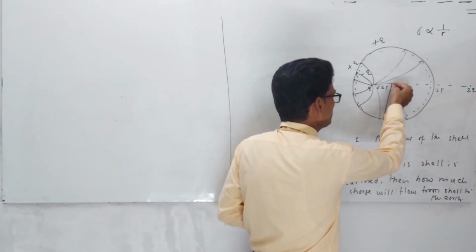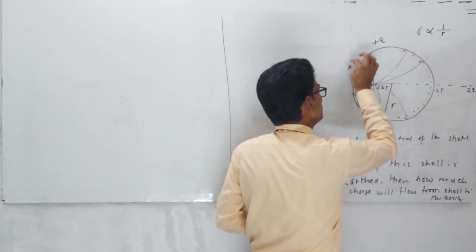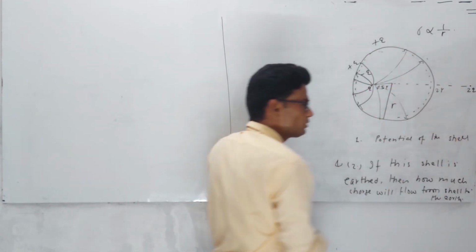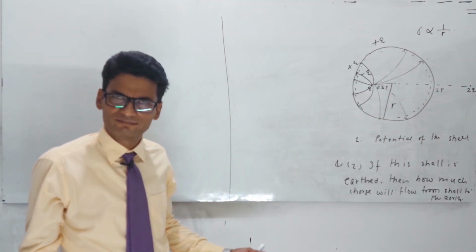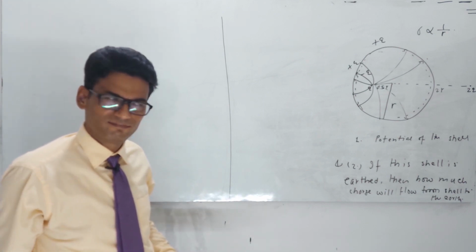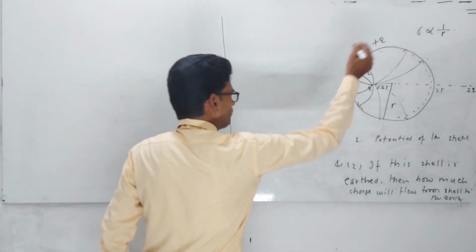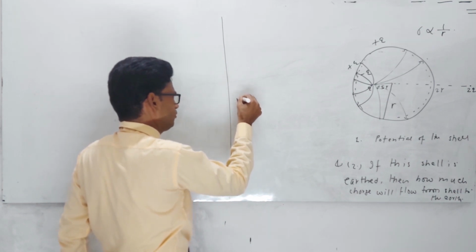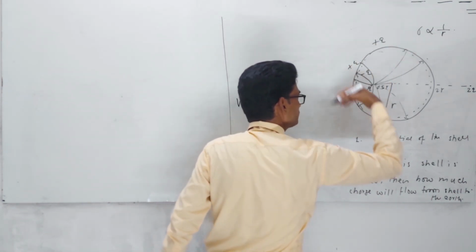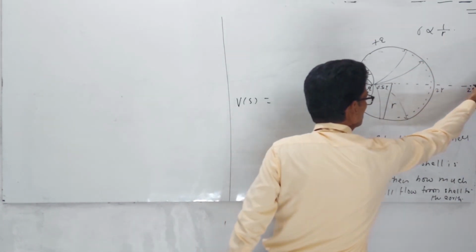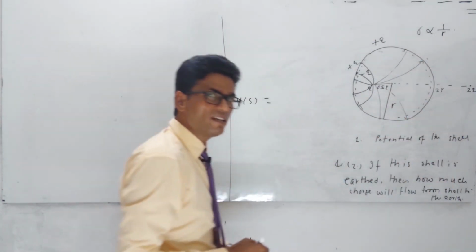So, we have to find the potential due to this plus q and this plus 2q charge at the center, and the work will be over. Take any point. Potential on the surface is due to this plus 2q charge on the surface and this plus 2q charge which is at a distance 2r from the center.